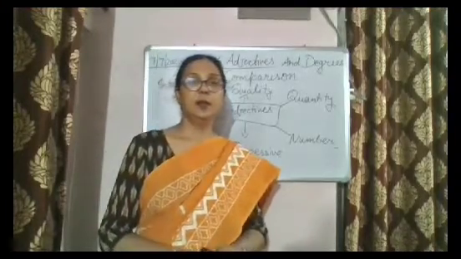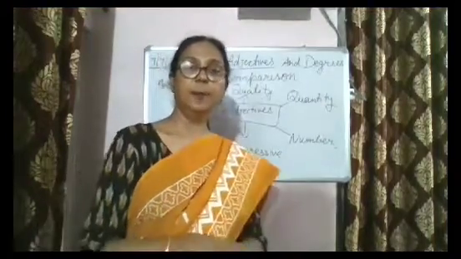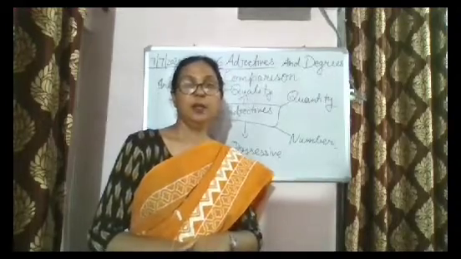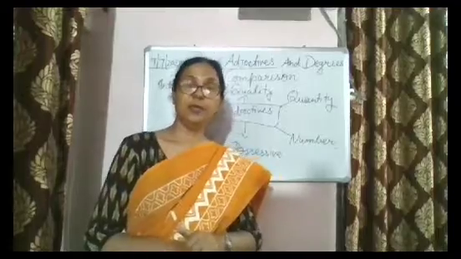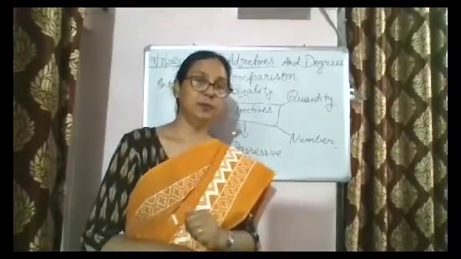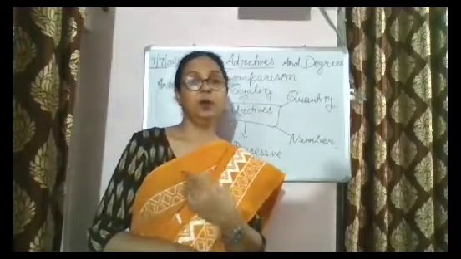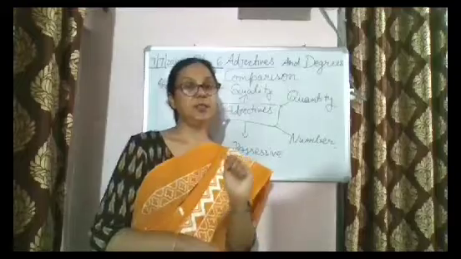A possessive adjective shows the possession of a particular person or thing. For example, this is my car. My is showing the possession of a particular thing, the car. So it is called a possessive adjective.